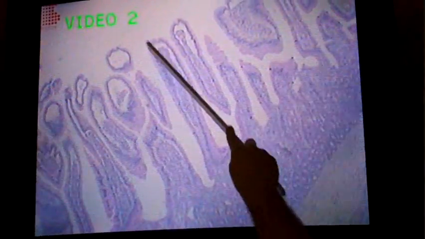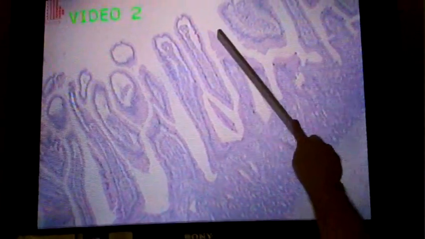The intestine slide is a review. You can find a good area where you have nice villi. You see coming off the surface of the organ the finger-like projections coming up and falling back, coming up and falling back.